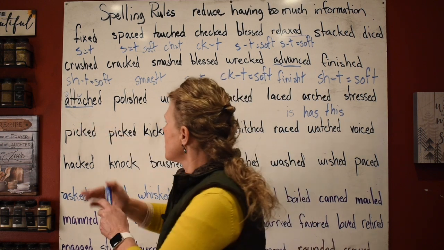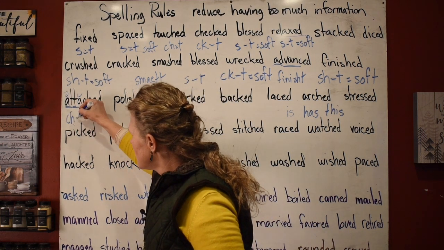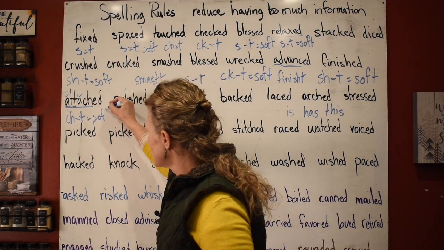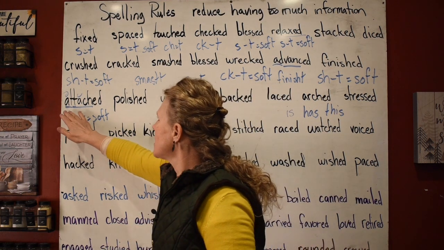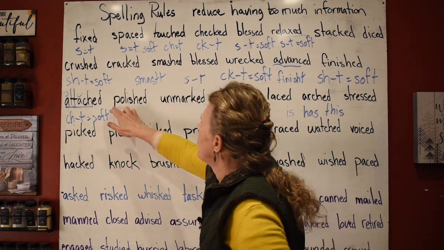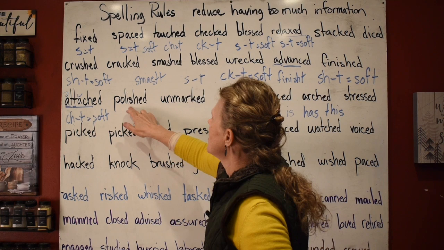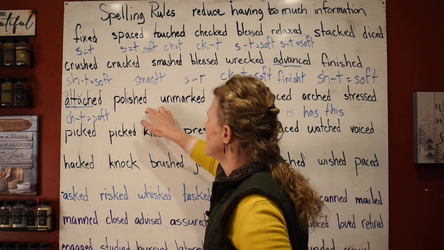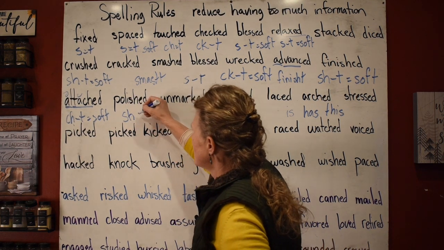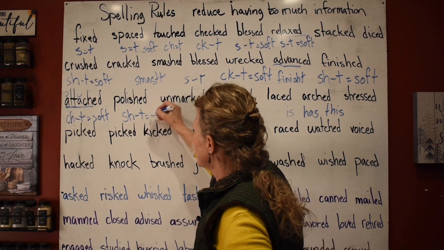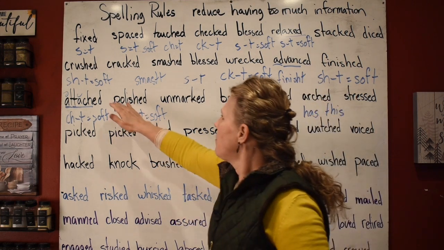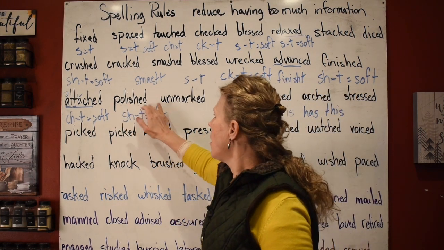Because look, we have a CH, goes to a T, equals the soft sound, and it says attached. Polish. See how the SH goes to a T, equals a soft sound. Polished.